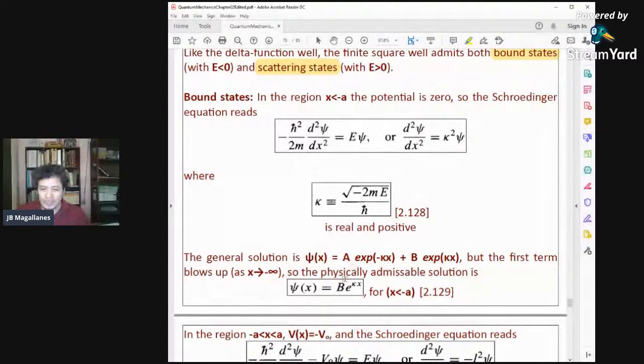So this will go to infinity at negative infinity. So we have to set a equal to 0 so that our phi will be this for the left side.